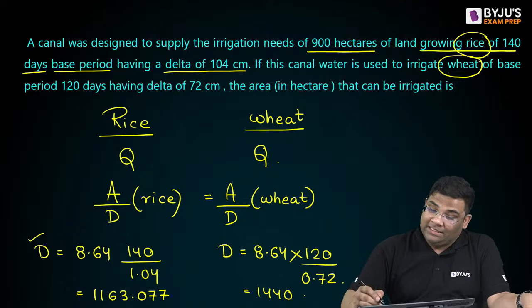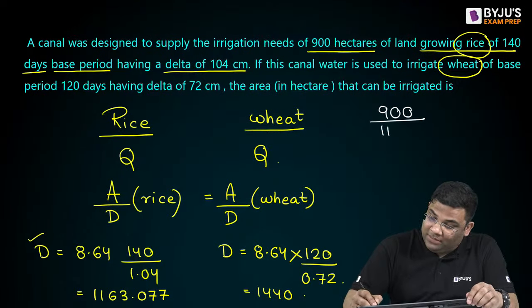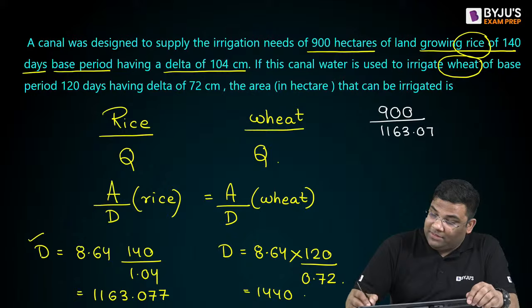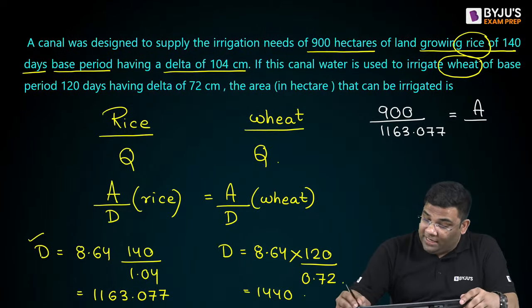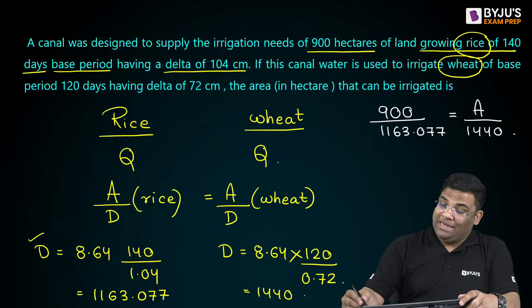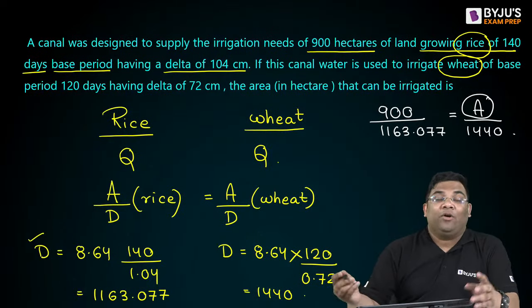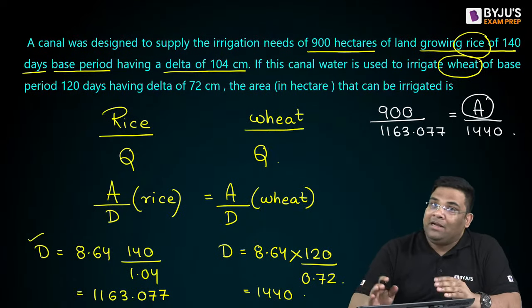For rice the area is how much? 900 hectare, right? And the duty I got is 1163.077. Now the area to be irrigated for the wheat is what I want to find out, and the duty is 1440. So from here I can find out the area which can be irrigated using the same canal for wheat.